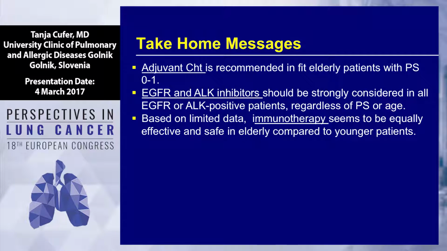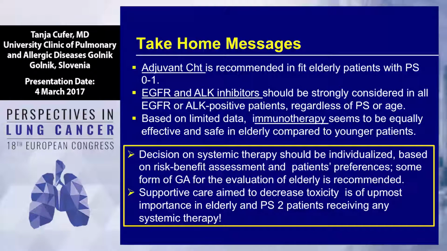For more than 75 years, we don't have any information. EGFR and ALK targeted therapy is not a problem and should be considered in all patients. Regarding immunotherapy, we have a few data that for elderly patients it could be a very effective therapy. Regarding performance status, we don't know how to deal with patients with performance status 2. We don't have, for the time being, any evidence-based data.